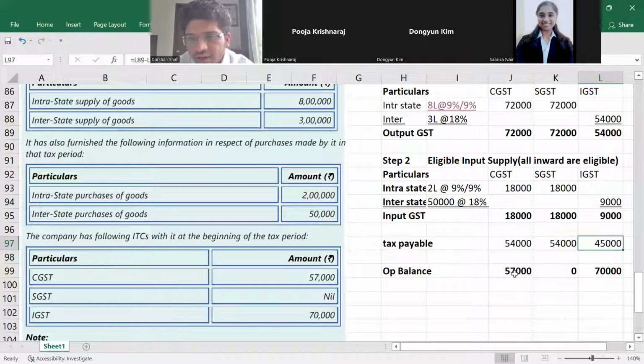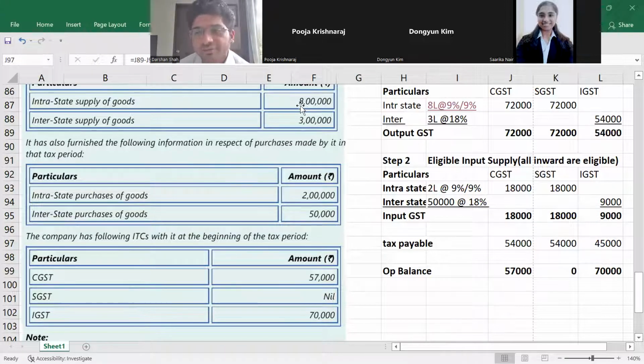And now, guys, see this. Does CGST have enough balance to pay off the tax? Yes, correct. If CGST has enough balance, will I distribute again to CGST? No, na? Here my priority will not be distributing to CGST. My priority changes, right?